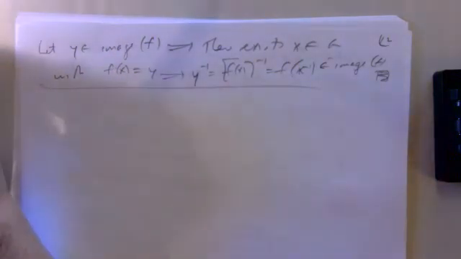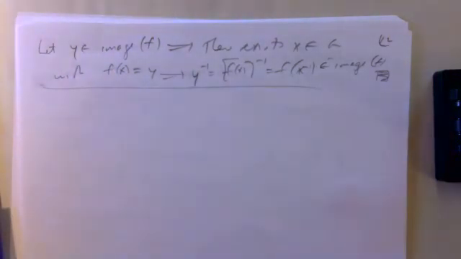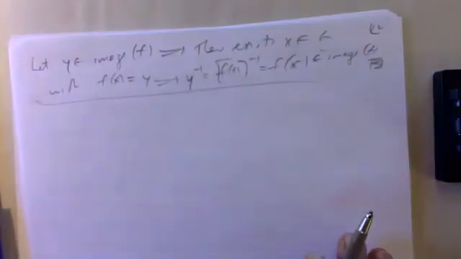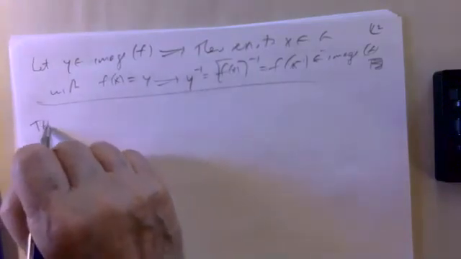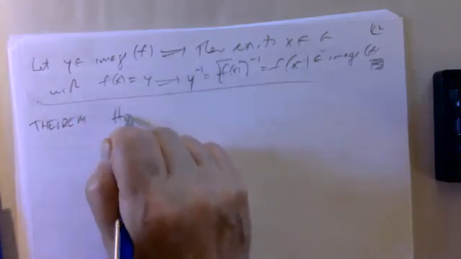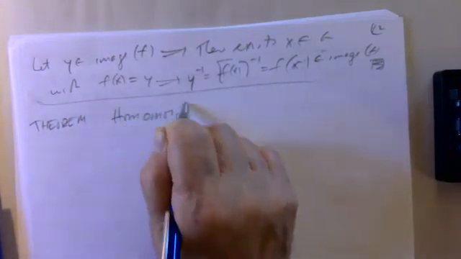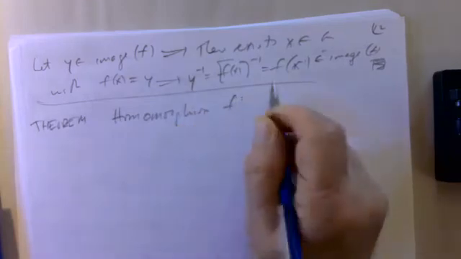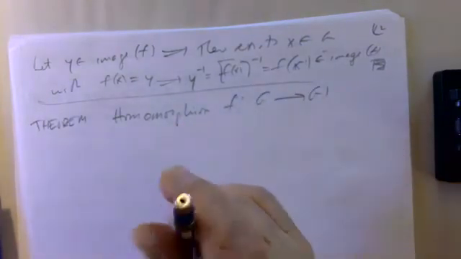So let me prove one or two more properties of a homomorphism. So we have a homomorphism f from G to G prime.